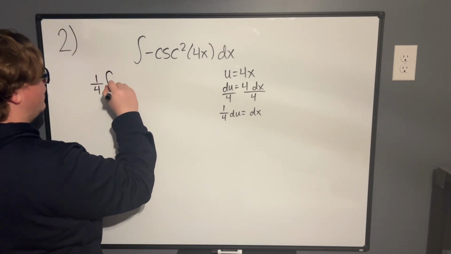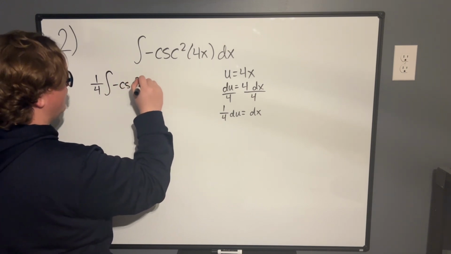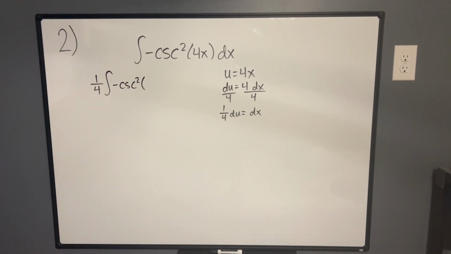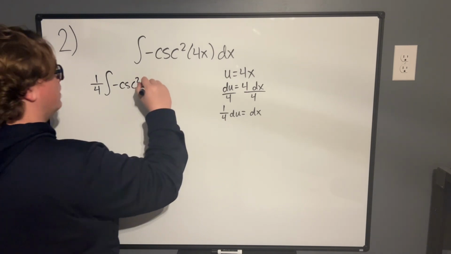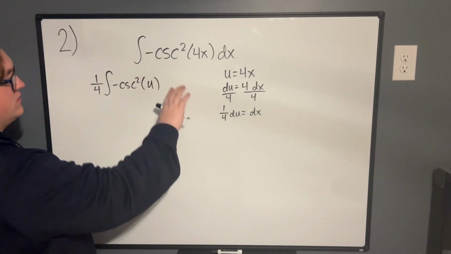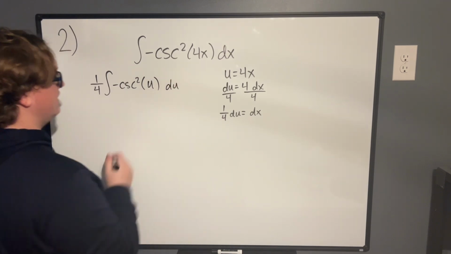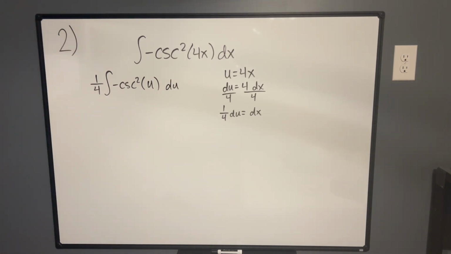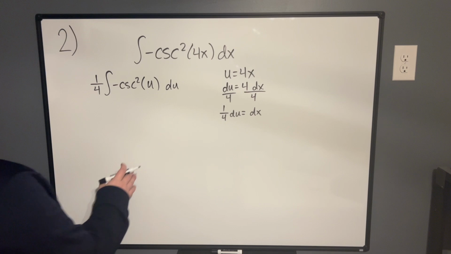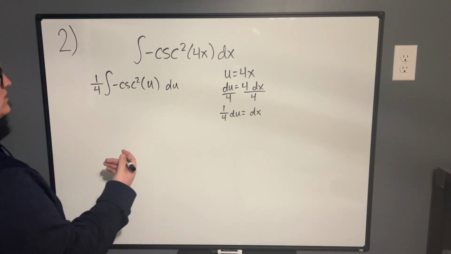Then we have the integral of negative cosecant squared of, instead of 4x, we've substituted it to be u. And remember, the dx will be replaced with 1/4 du. We have the 1/4, so all we need is just the du. Again, it may still look a little bit ugly, but the nice thing about negative cosecant squared is that it is the derivative of a basic trig function. The derivative of cotangent is negative cosecant squared.